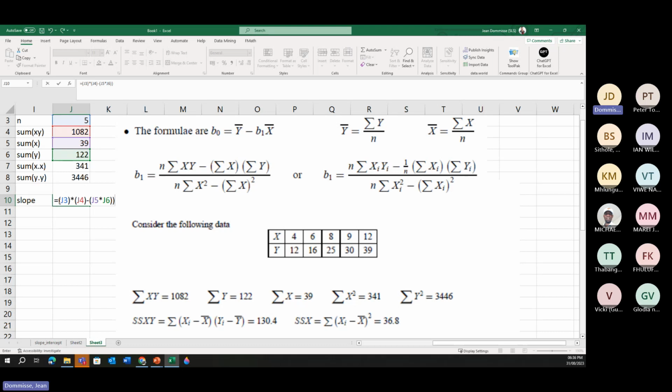Put that all above the line. Then divide by below the line. Again, n times the sum of x squared, minus the sum of x, all squared. Okay, so that is nearly one sum.